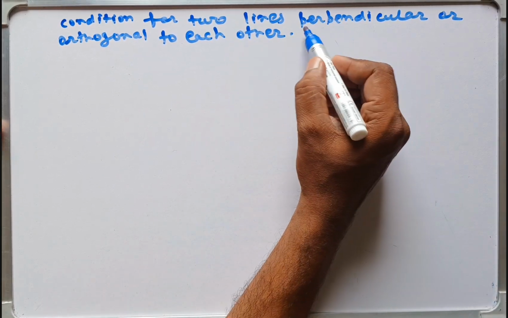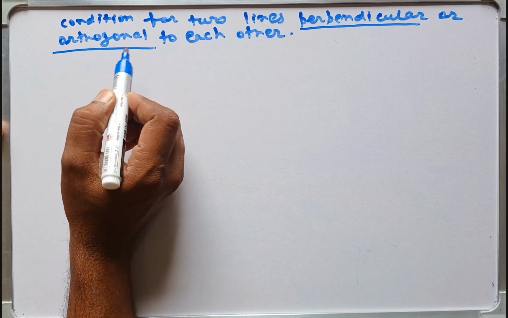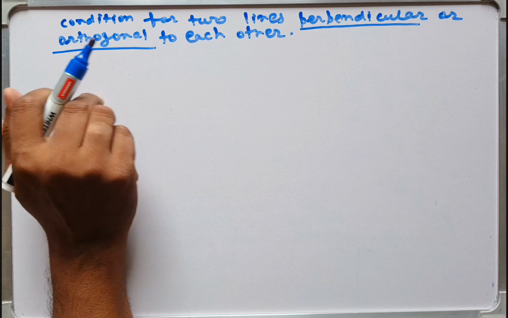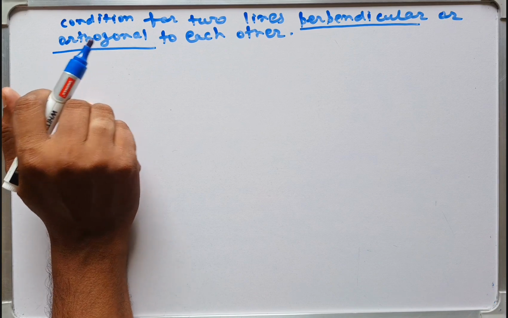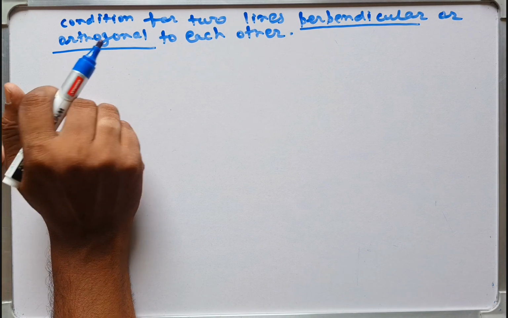Guys, don't confuse the words perpendicular and orthogonal, because both are synonyms of each other. It means both have a similar meaning.